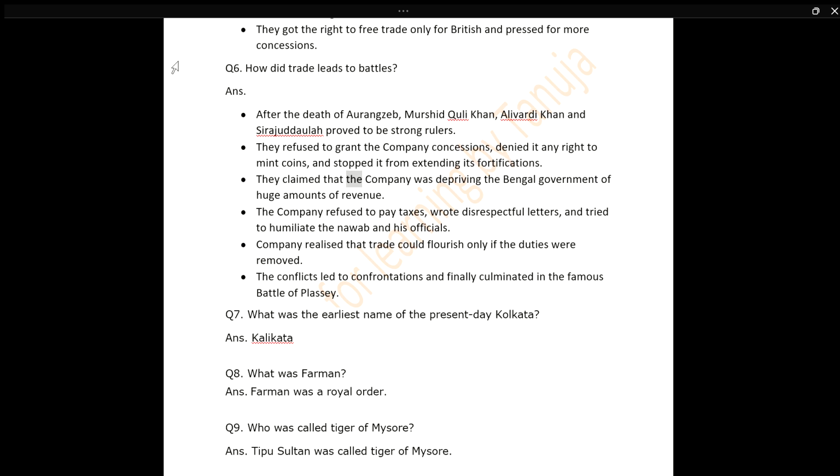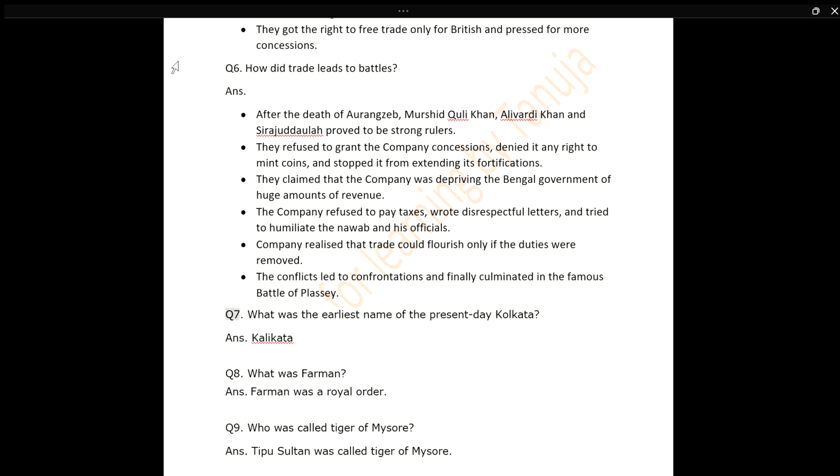They claimed that the company was depriving the Bengal government of huge amounts of revenue. The company refused to pay taxes, wrote disrespectful letters, and tried to humiliate the Nawab and his officials. The company realized that trade could flourish only if the duties were removed. The conflicts led to confrontations and finally culminated in the famous Battle of Plassey.